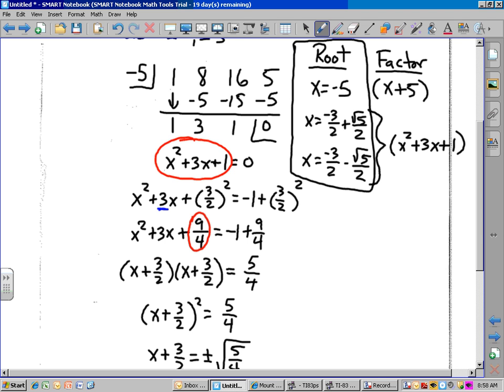And now we're going to write the original cubic in its factored form. So x cubed plus 8x squared plus 16x plus 5 equals x plus 5 times the quadratic x squared plus 3x plus 1.